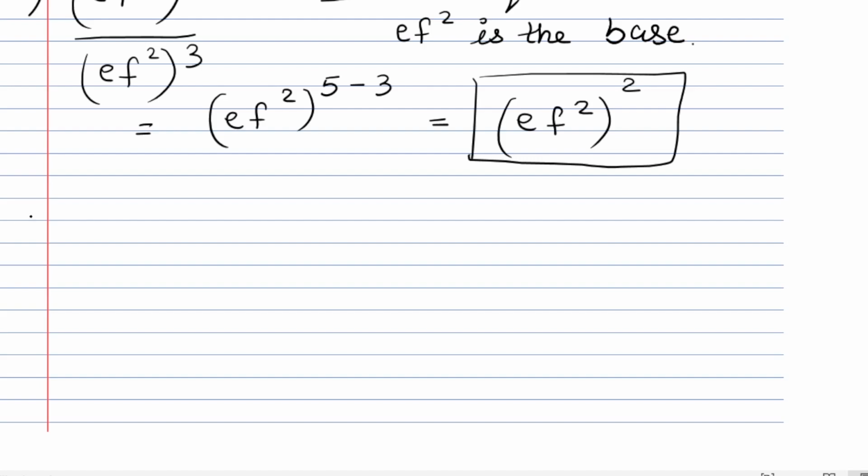Now let's solve the next one. Okay, this is very easy, but this time I'll show you by the long method, so you can know all the methods and you can solve any equation by any method.